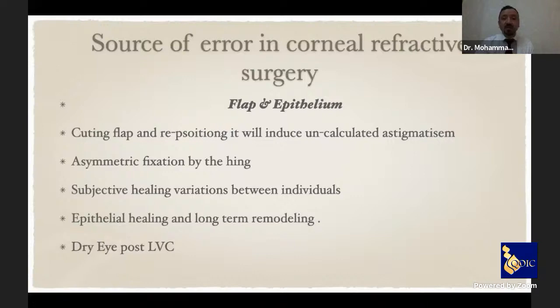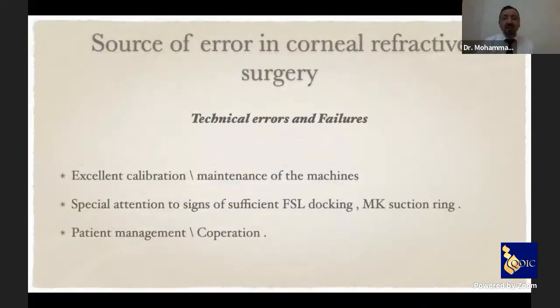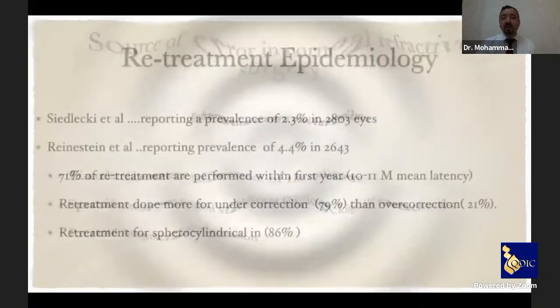I'm talking about this sort of error to know why we are having over and undercorrection. So the excimer nomogram also plays an important role. Some technical errors and failures, like the calibration of the machine, special attention to the signs of insufficient docking or micro keratome suction loss, and patient management and cooperation all play an important role in getting over and undercorrection.